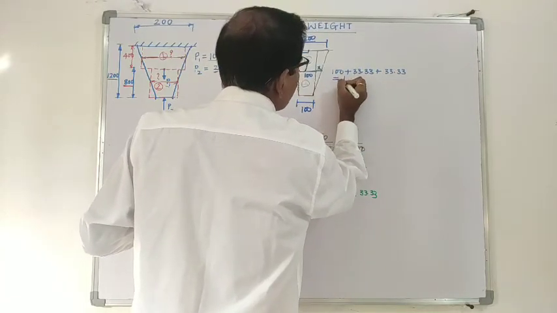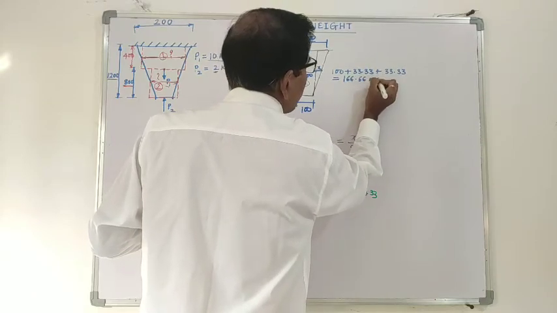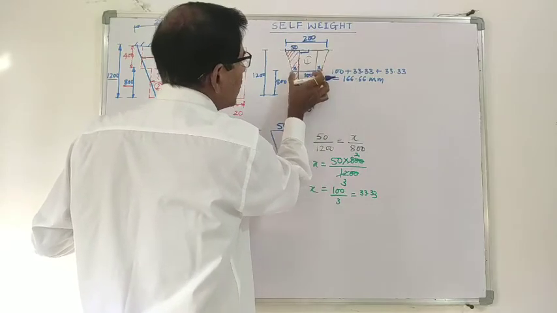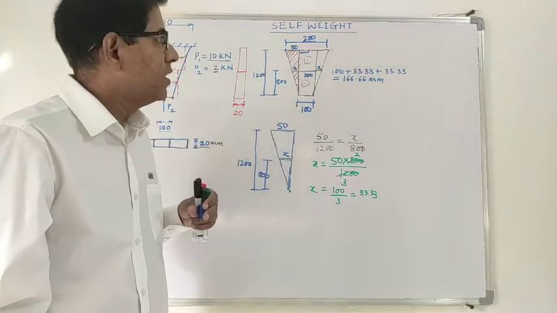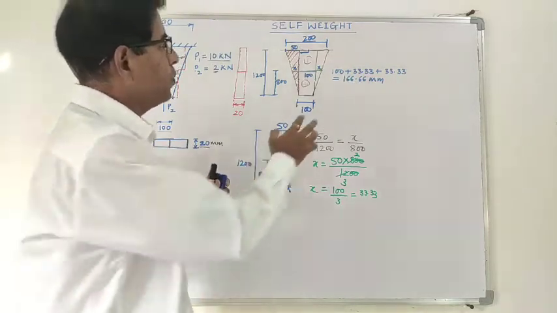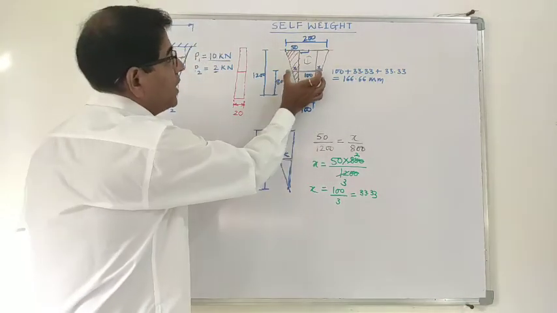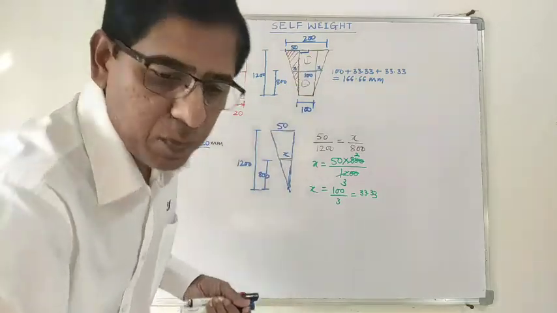So the total is 166.66 mm. So this total side is 166.66 mm. I hope you have understood how to find out the intermediate length in this wedge-shaped plate.